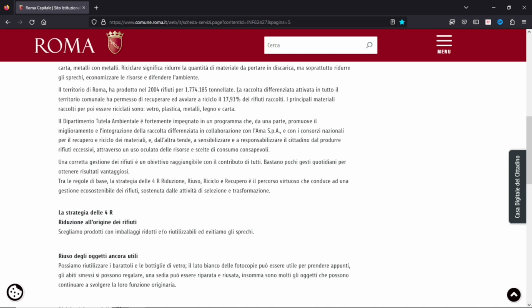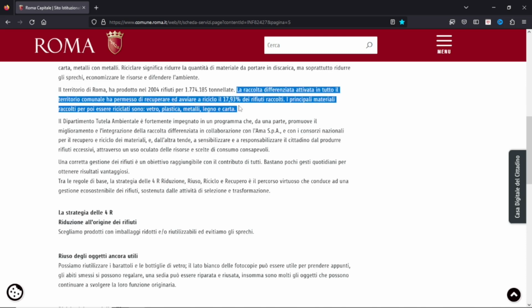It's a very old figure to be quoting, but the separated out collections activity in all the communal territories, areas, has permitted using and recycling 17.93% of collected refuse.